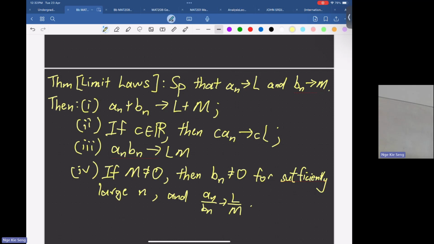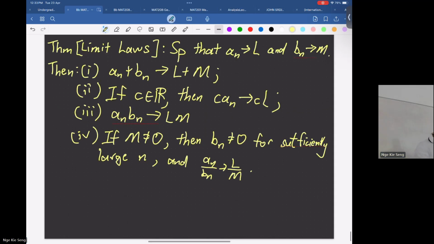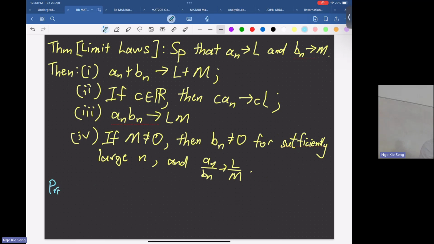So for example, the first one, what's your goal? It means that a_n plus b_n should be a sequence, and this sequence should converge to L plus M. So let's write down our goal here. Let's write down the proof. I'll guide you step by step for this proof, and then you can do some others as exercise.